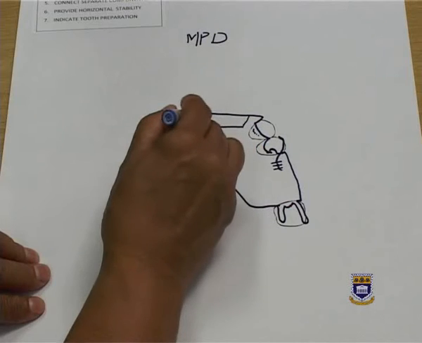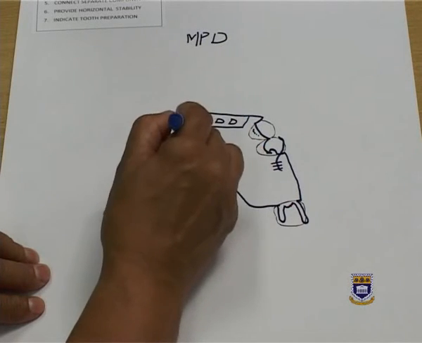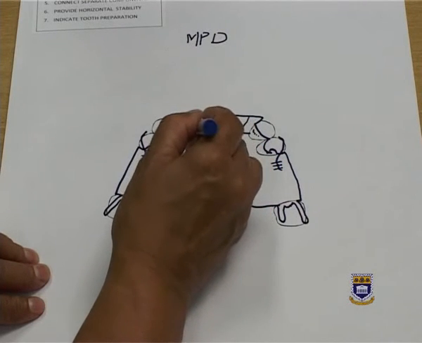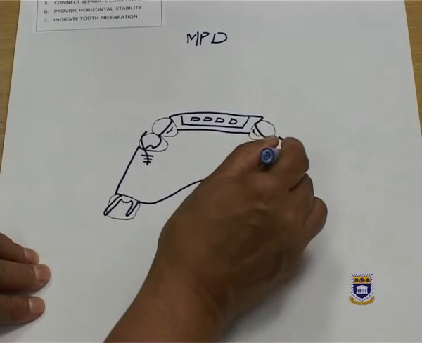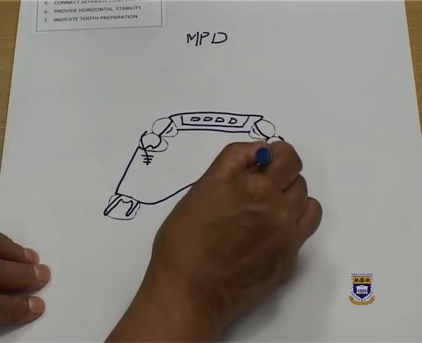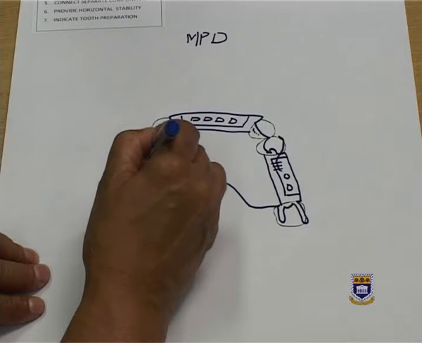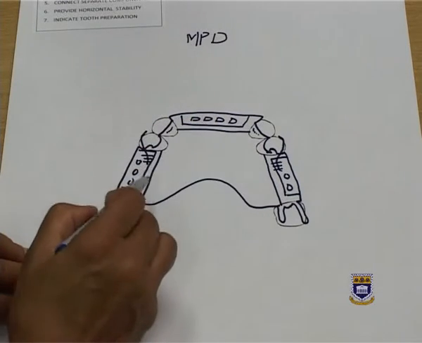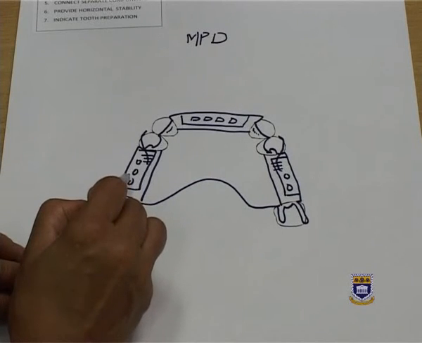Again, I need to indicate that I understand that this is my acrylic finish line where the acrylic will be attached, and the holes will give mechanical retention. So wherever I have saddles where my acrylic teeth will be attached, I will have my acrylic finish line with my retention holes.